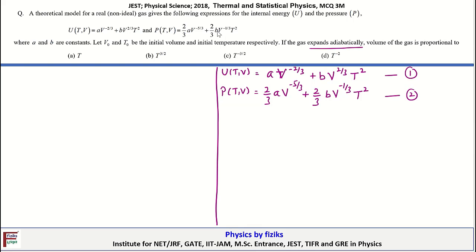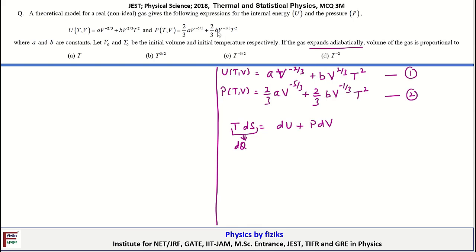Now we are going to make use of the modified form of the first law of thermodynamics, which says that TdS is equal to dU plus dW, which is PdV, dU plus PdV. By using the second law of thermodynamics, this is equal to dQ. dQ is equal to TdS basically.